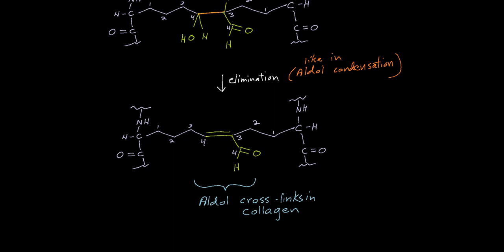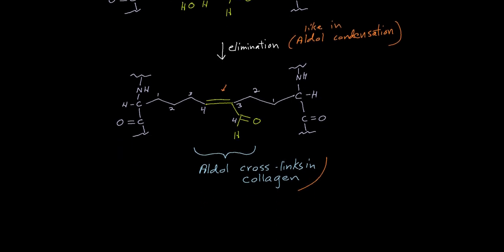And there we have the eliminated water, the double bond forming there. This is what comprises crosslinks in collagen. They're Aldol condensation crosslinks that lead to those different properties for all the different kinds of collagen.